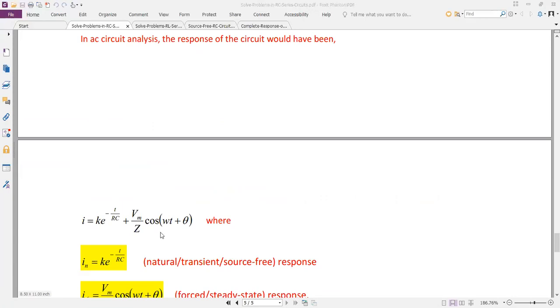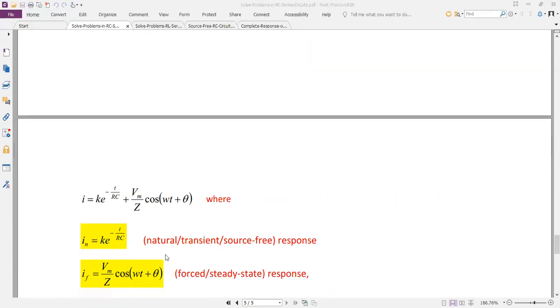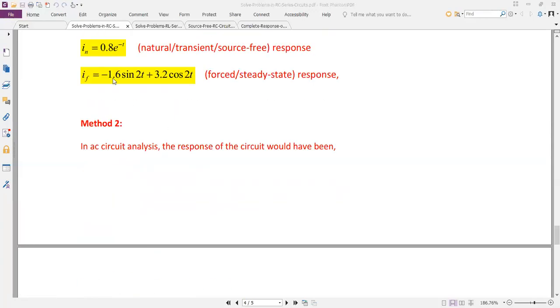You have this alternative formula to use in terms of the current in your RC circuit. So in here you are given the form of the transient response, and in here is the form of the steady state response. You may wonder why this is not really equivalent to the one that we're seeing here, which has both the sine and the cosine.